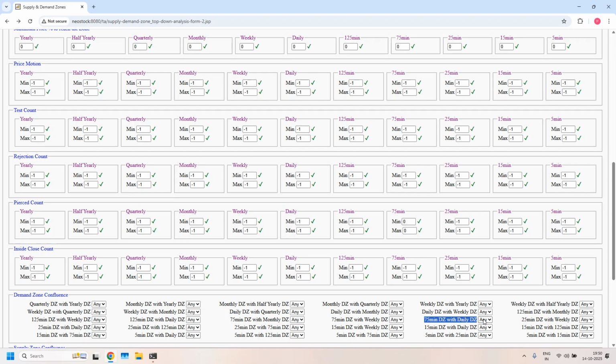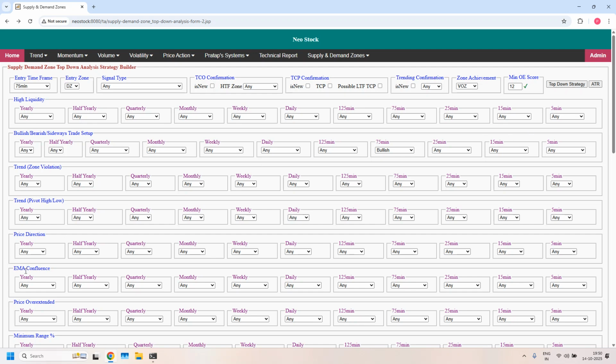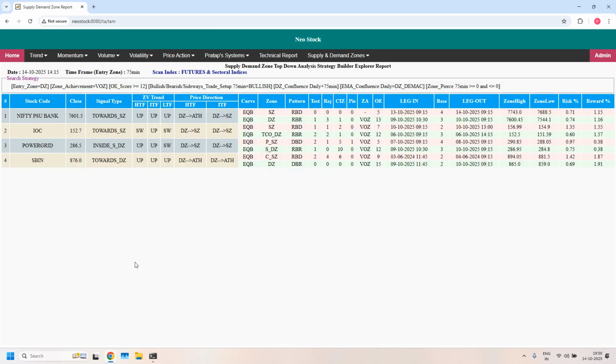So 75 minutes and daily demand zone confluence, and then daily demand zone having daily EMA confluence. Enabling both the filters, we got 4 stocks. So these 4 75 minutes demand zones might have more high probability to get success, provided lesson 30.3 checklist items are satisfied, otherwise higher chances of zone violation.